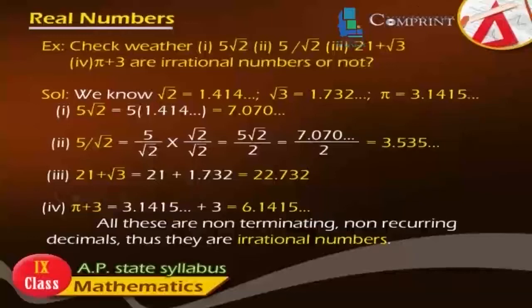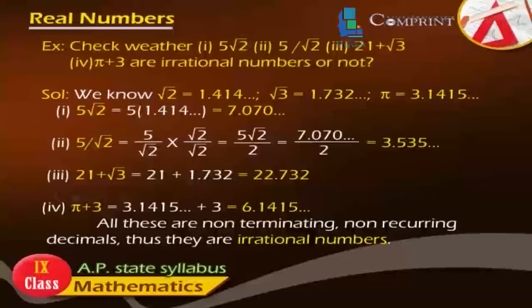Here we are multiplying 5/√2 with √2 in the numerator and the denominator. We get 5/√2 × √2/√2 equal to 5√2/2, which is equal to 7.070 and so on divided by 2, which is equal to 3.535 and so on.